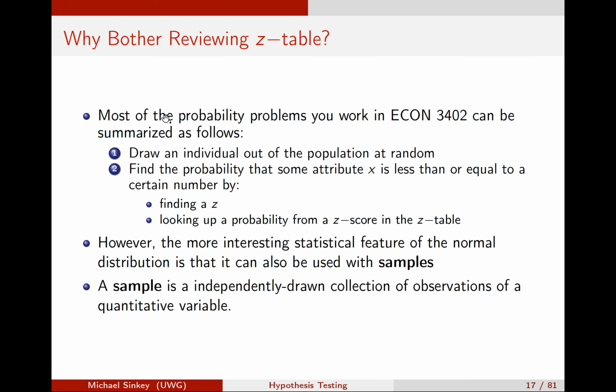You get a z-score, you look up a probability in the z-table from that z-score. And so that is for one person out of a population, but we can also do this with samples.